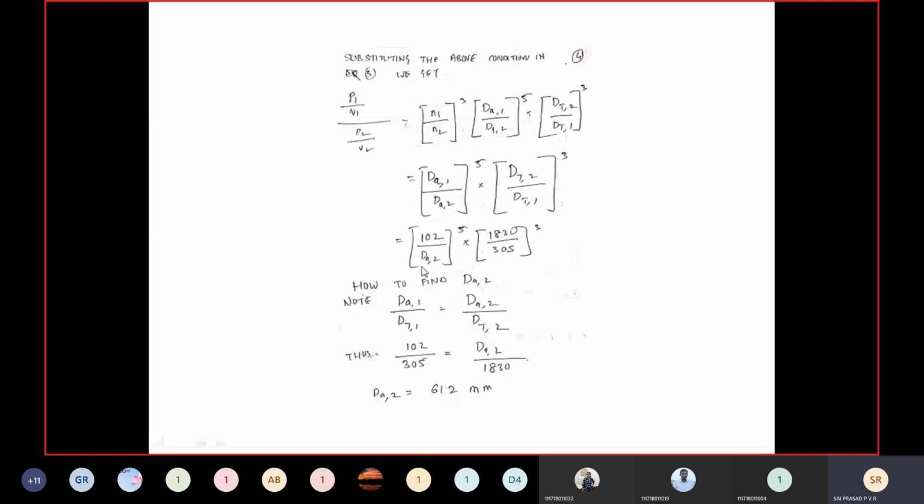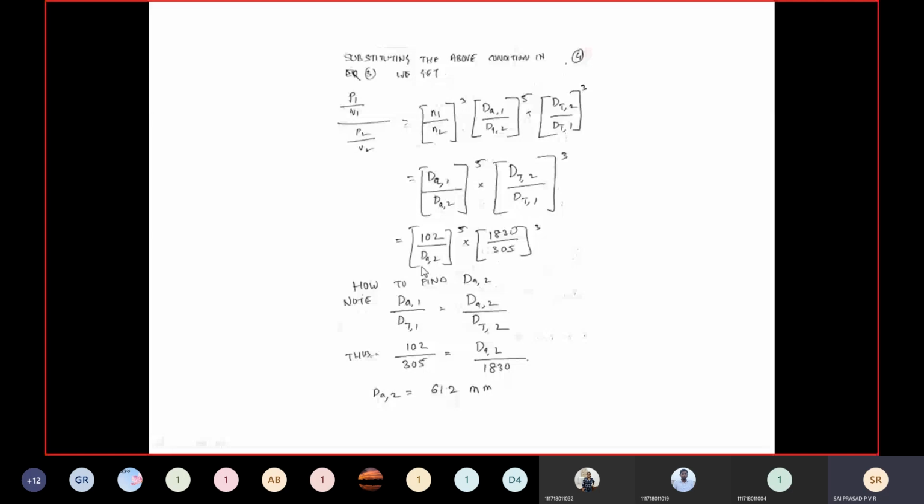Now, that was the first step. The second step, he says, that this is our main equation. Second step he says that the power consumed per unit volume of the liquid in the pilot plant vessel and in the large process vessel, they both are the same. So if it is so, what will happen? Let us see.